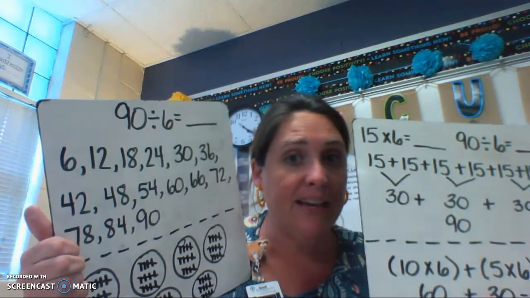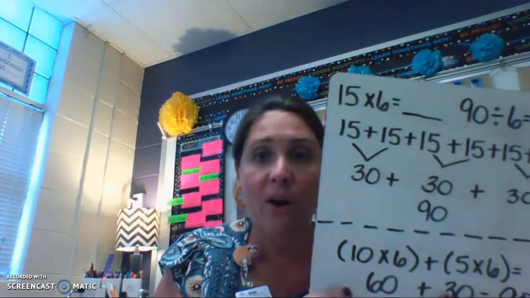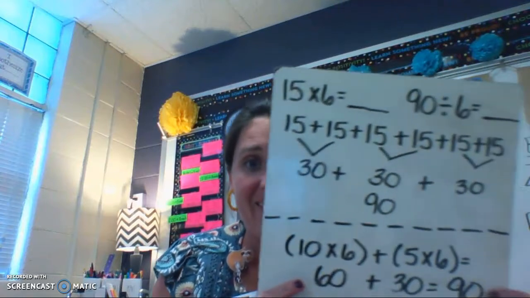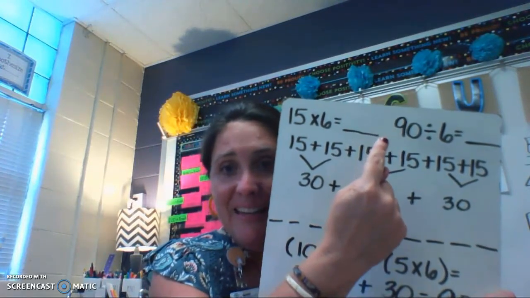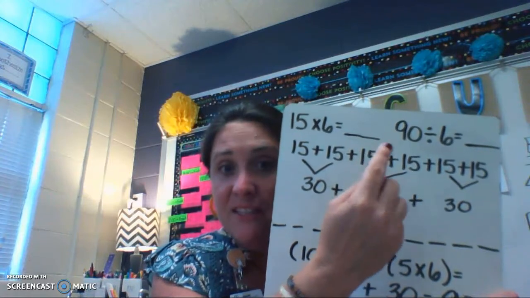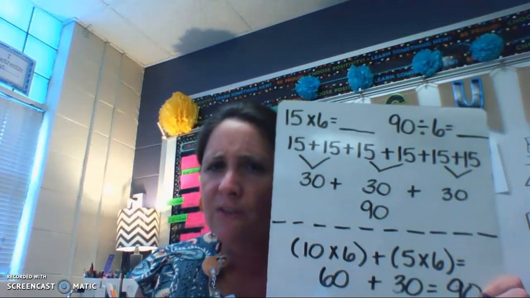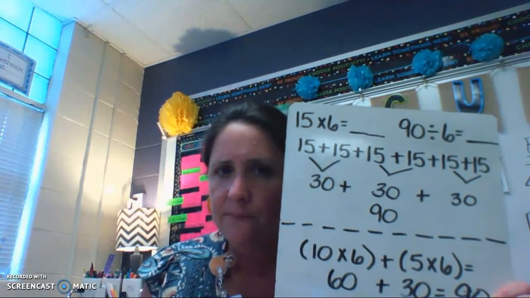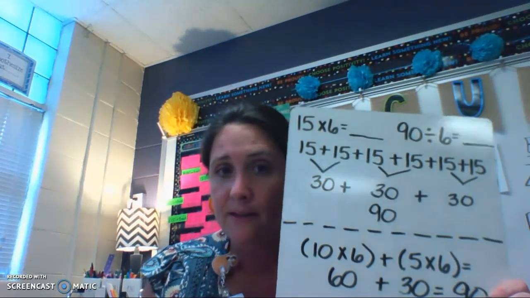I can also see that these 2 problems right here are part of the same fact family. 15 times 6 is 90, and 90 divided by 6 is 15. They're part of the same fact family. Could we use the 15 times 6 to help us solve 90 divided by 6?